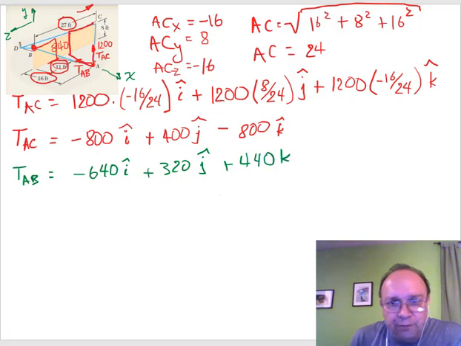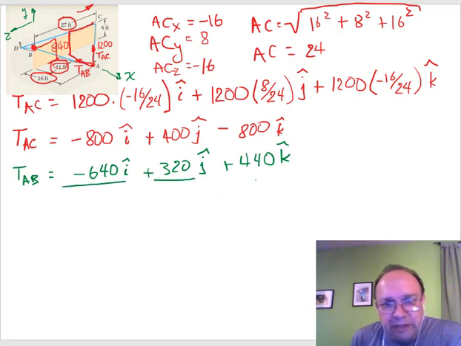So now we make the summation of the components in the same directions, X, Y, and Z. We get the components of the resultant.